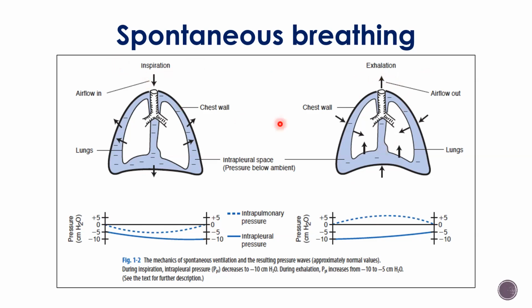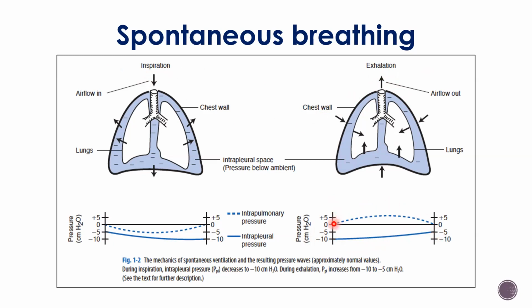This is during the inspiration, and this is -10, the intrapleural pressure. By the end of the inspiration, your pleural pressure becomes very negative, and by the end of the expiration, the pressures come back to the normal status.